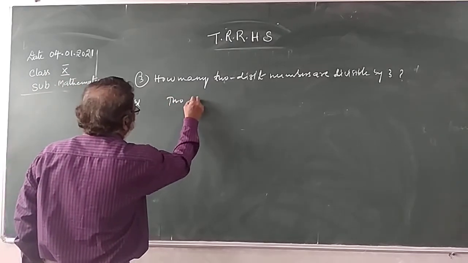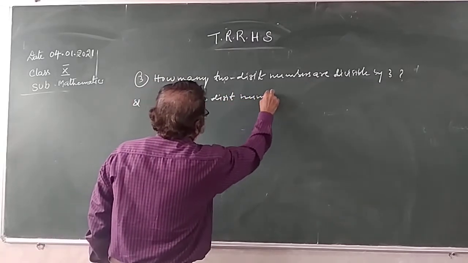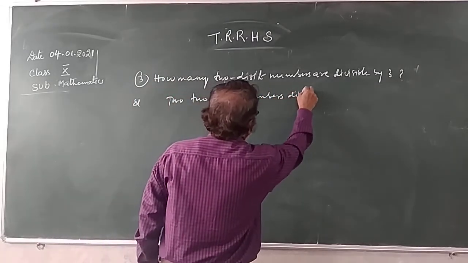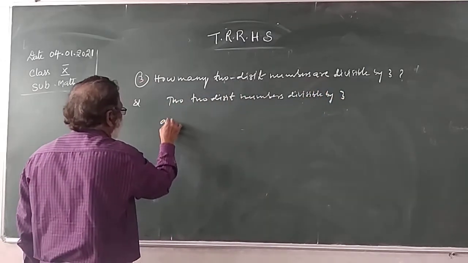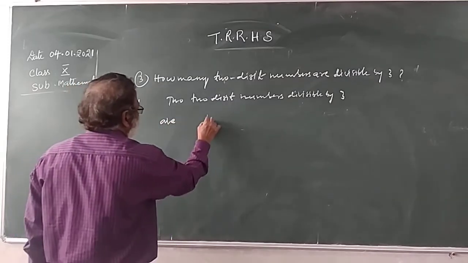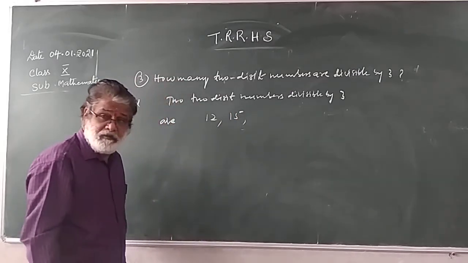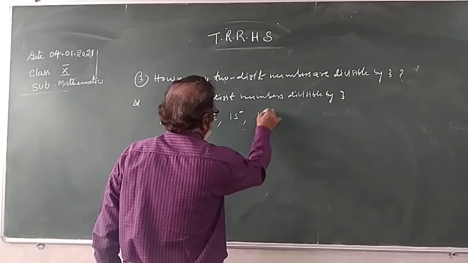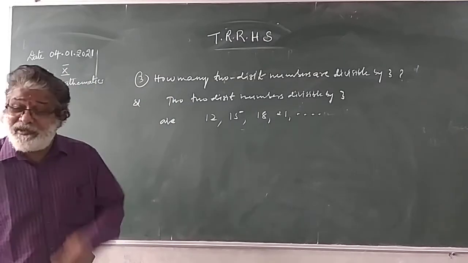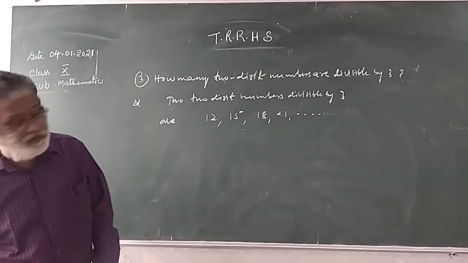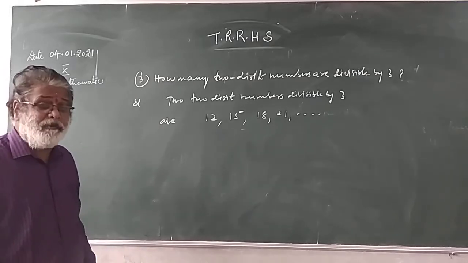The 2-digit numbers divisible by 3 are 12, 15, 18, 21, and so on. What is the last 2-digit number? 100 is a 3-digit number, so the last 2-digit number is 99.